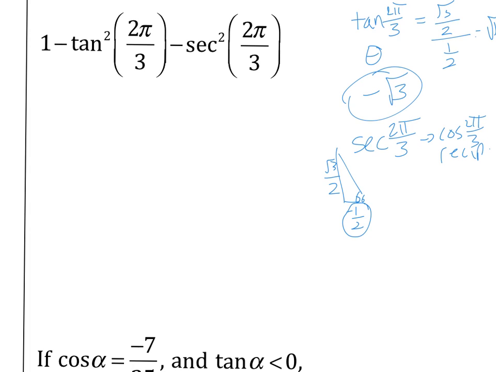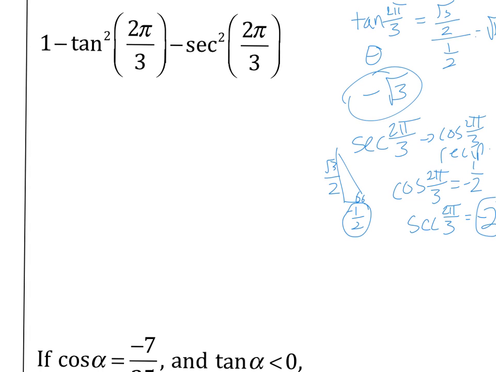Cosine is the x, so cosine of 2 pi over 3 is negative a half. Secant of 2 pi over 3 is negative 2, the reciprocal of negative a half.